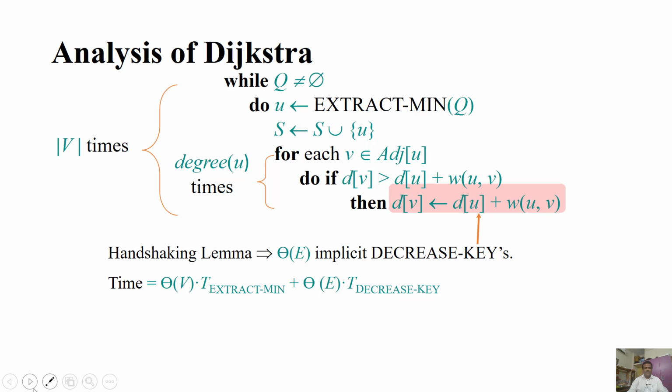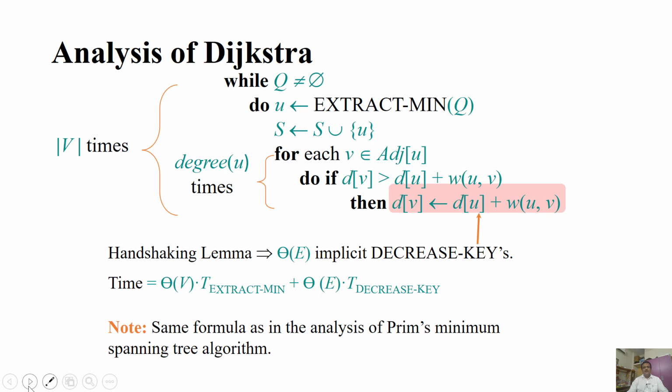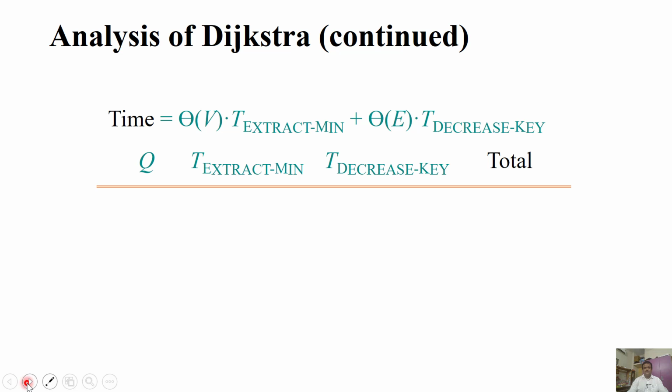This time complexity is the same as Prim's time complexity which we discussed in the last lecture. So, these are the details. If we are using an array, then extract min will take order of V, as we need to find the minimum key value in the array. But decrease key we can go to that particular position and change the value, so that will take constant time, and this is order of V square.